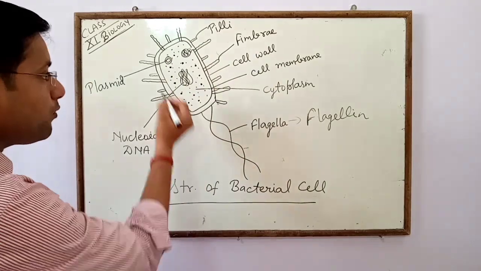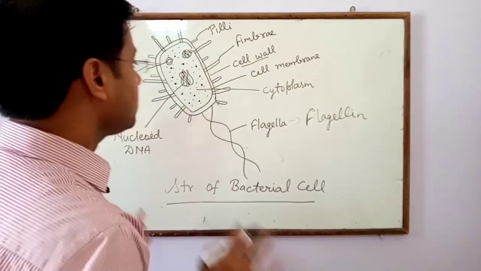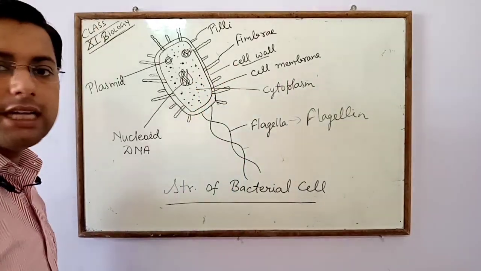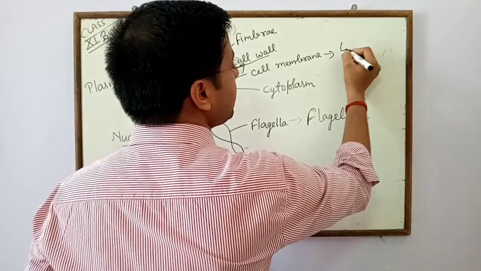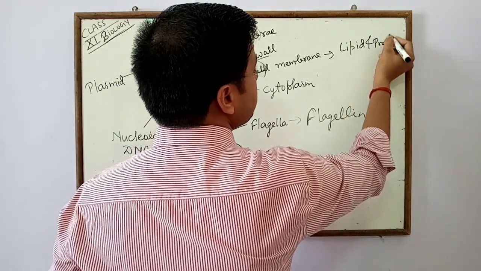After that the cell wall is present, and the cell wall is made up of peptidoglycan. After the cell wall, another layer, the cell membrane, is present, and the cell membrane is made up of lipid and protein.